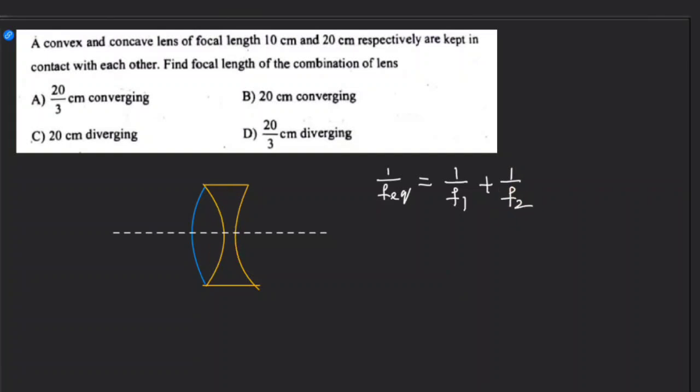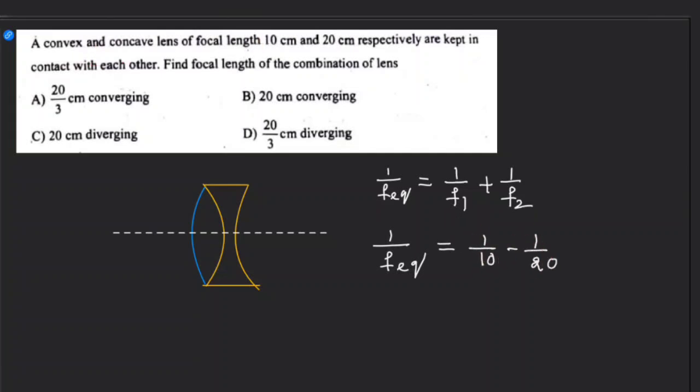One is a convex lens, the other one is a concave lens. Therefore 1 by F equivalent will be equal to, one is positive, one will be negative, because concave lenses will have a negative focal length and convex lenses will have a positive focal length. So a convex lens is 10 cm, therefore you could say 1 by 10 minus 1 by 20.